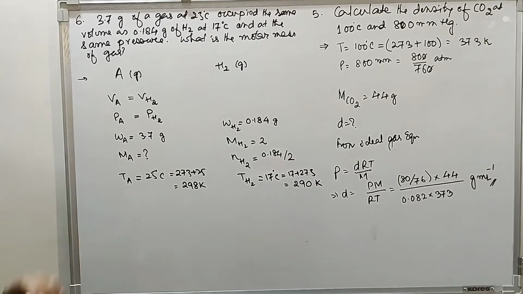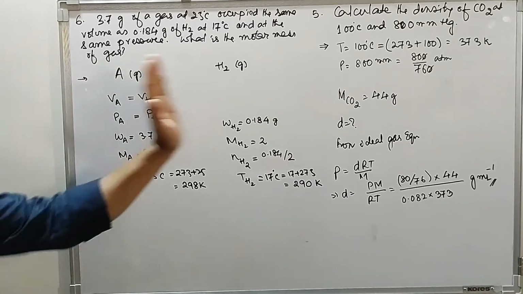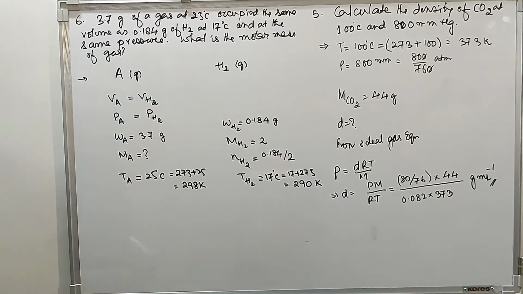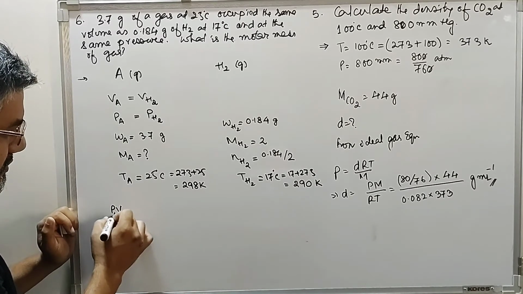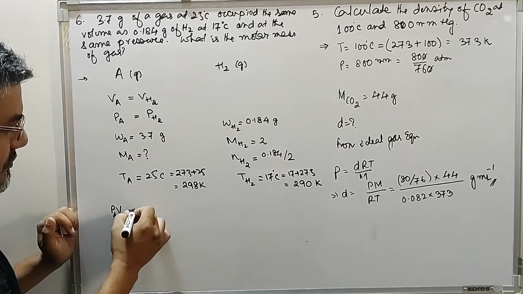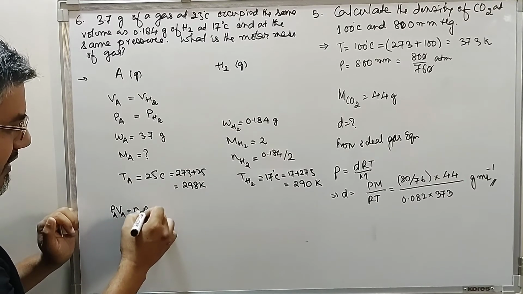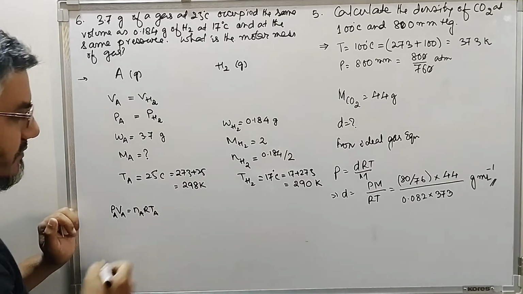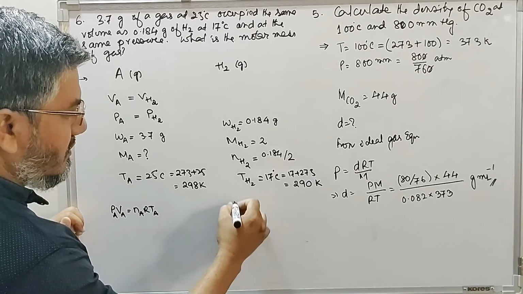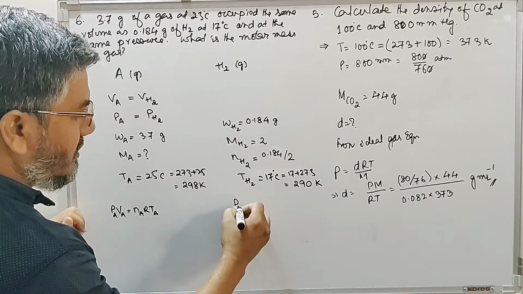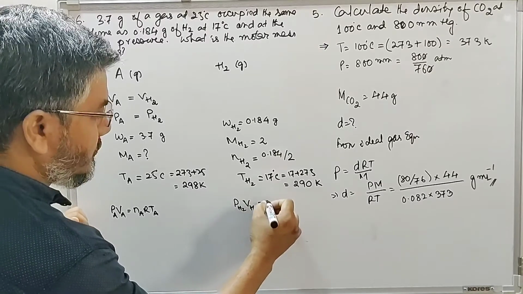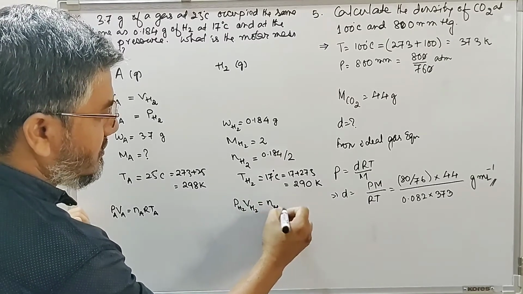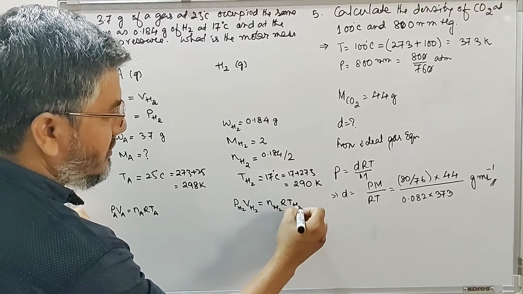Now assuming ideal behavior of these two cases, we have pressure and volume. So PAVA is equal to NA R TA, and P hydrogen V hydrogen is equal to N hydrogen R T hydrogen.